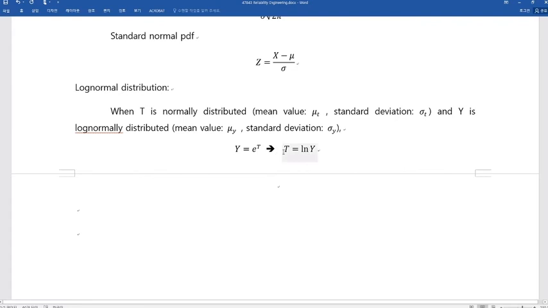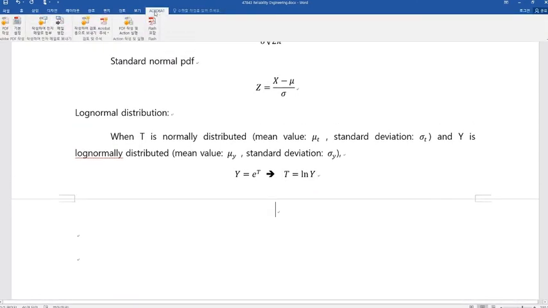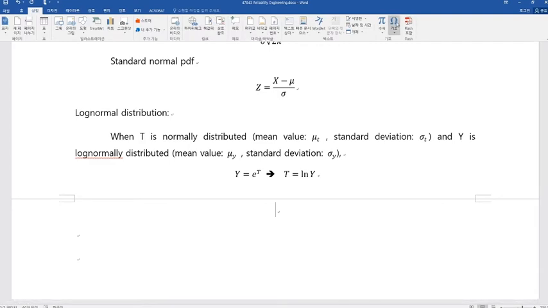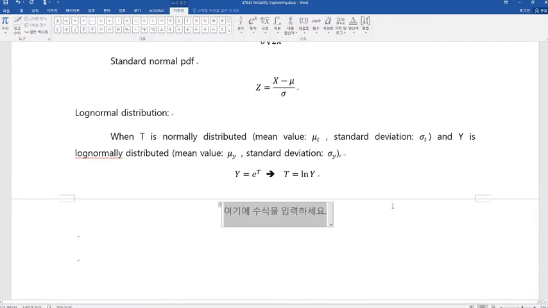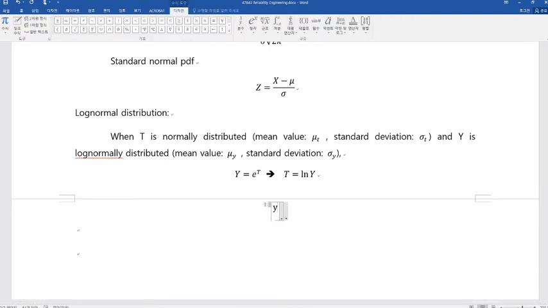So when we describe some functions, we are going to introduce this lowercase y and lowercase t. So y, small y, will be used to describe the function for random variable y.